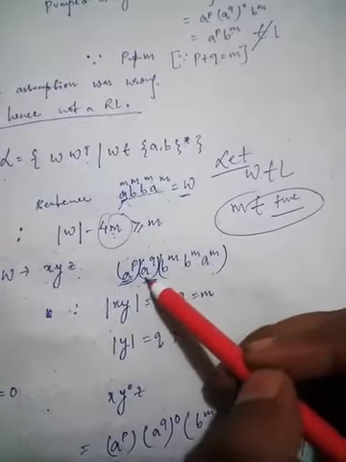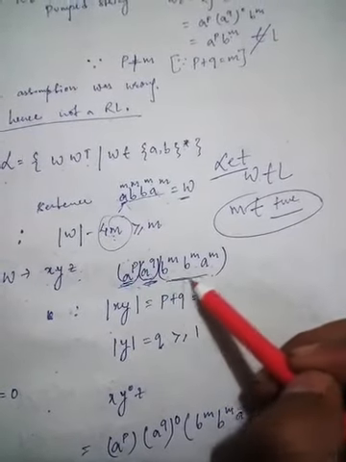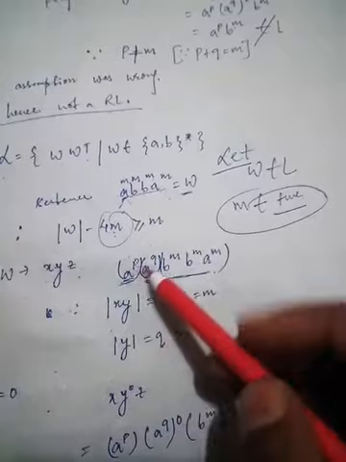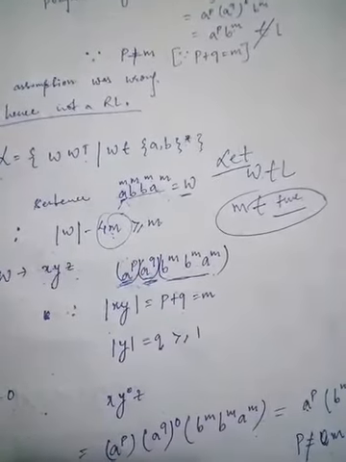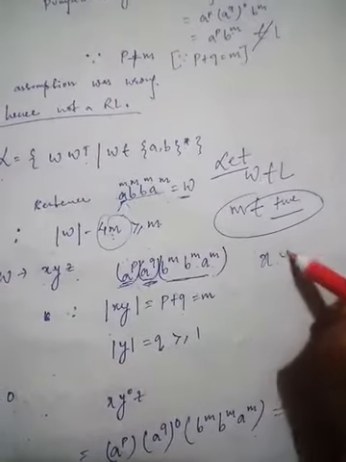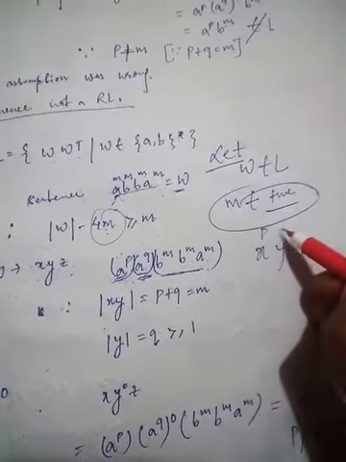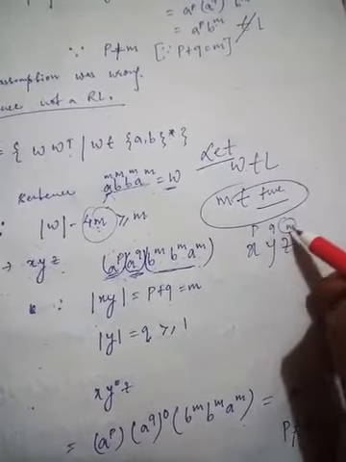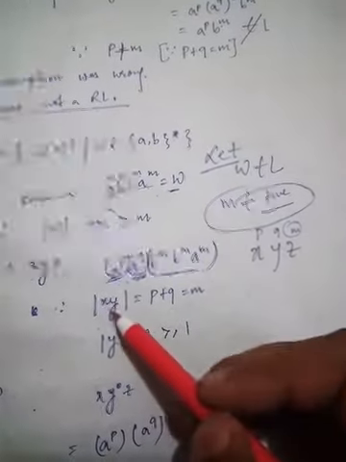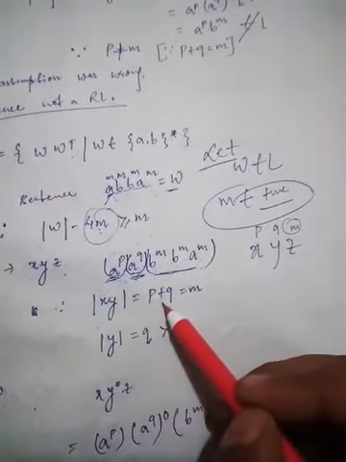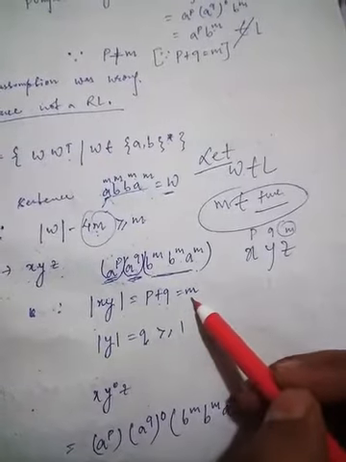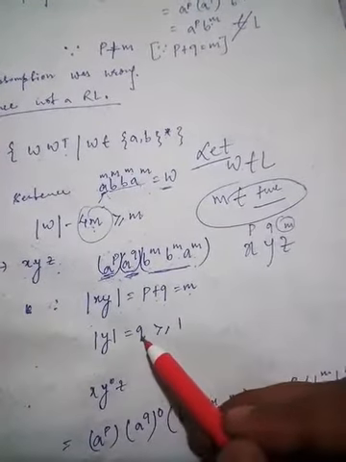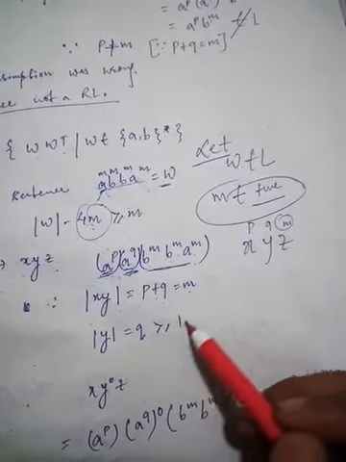The first two will be one each, and the whole will be one. Now x, y, z will take the powers p, q, and the rest one gets the power of m. So mod of xy is p plus q, which is equal to m. Now mod of y is q, which is greater than or equal to 1.